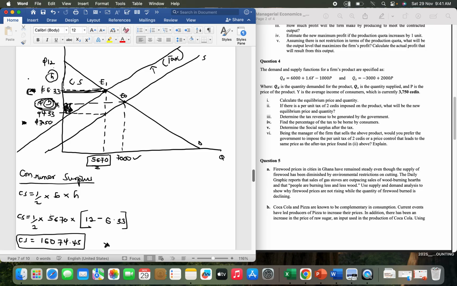Because here lies the case, the consumer is allowed to pay 6.33, and the producer is rather receiving 4.33. But once tax is imposed, producers will be able to benefit. So I prefer them to impose the tax of 2 cedis.